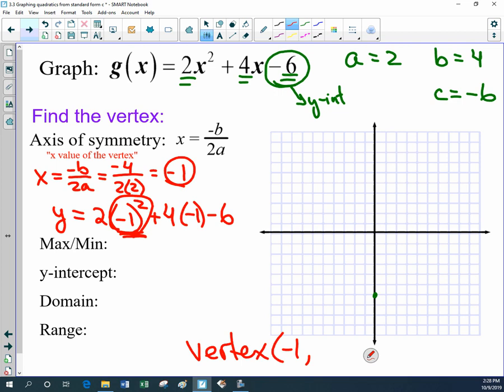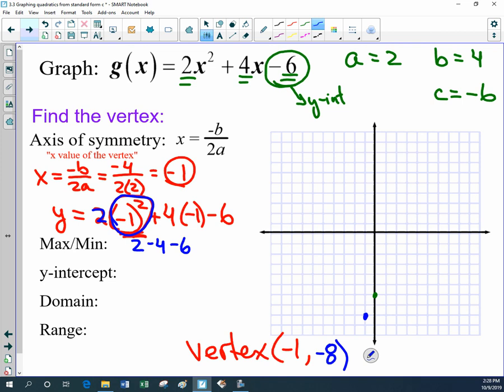So we have to do this part first. -1 times -1 is +1, and then 2 times +1 would be 2. 4 times -1 would be -4, and then minus 6. So 2 minus 4 is -2, and -2 minus 6 is -8. So our vertex is at -1, -8.